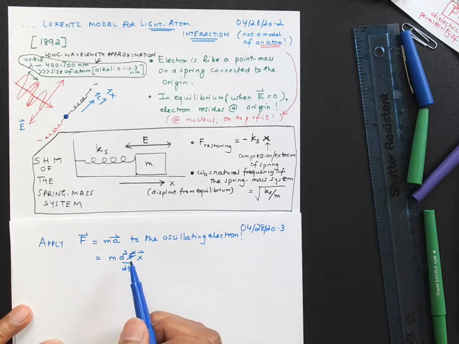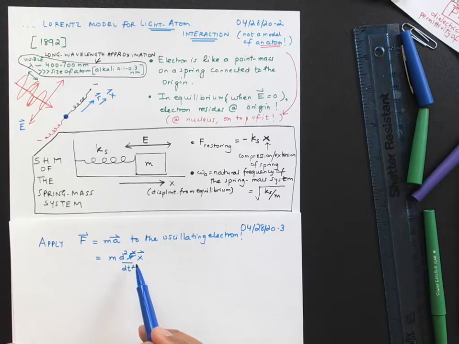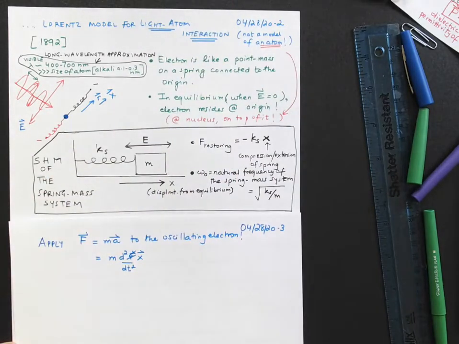I could have stuck with R, it doesn't matter. Anyway, it's a 1D picture. So there you go, X. Now you might say, why have you left a vector sign on there? Everything's happening in this direction. It could be any direction. Let's just call that X. Anyway.